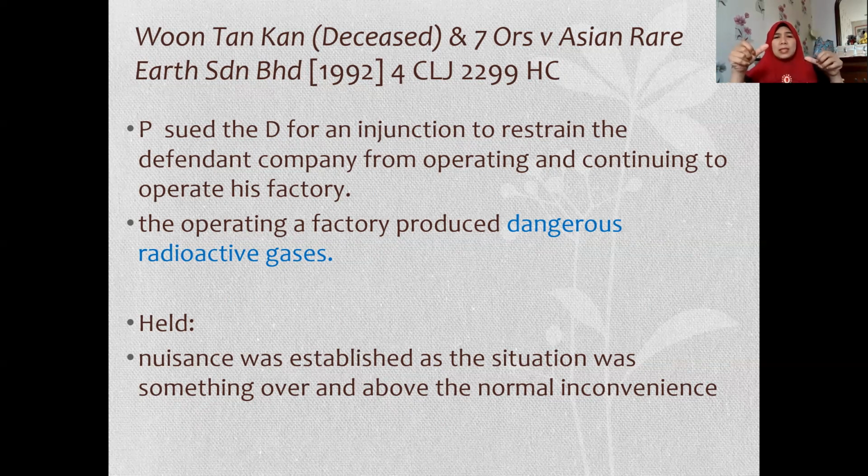So that's the interference, radioactive gases. So the court held that nuisance was established as the situation was something over and above normal inconvenience. So this is something which is substantial, and it is something which is unreasonable.